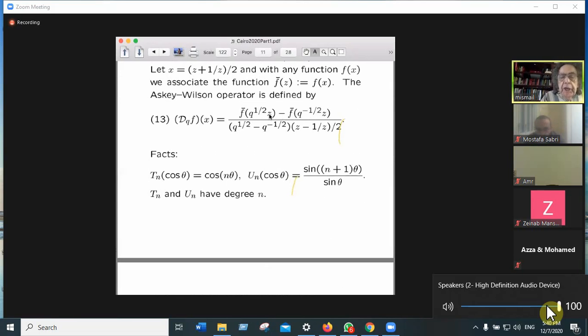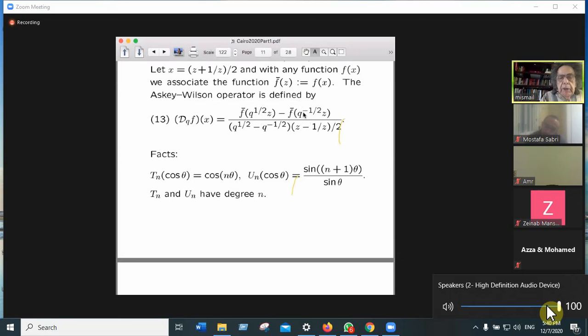So f check at q to the half z is the same as f check at q to the minus a half z. So that means that f check does not change if I replace z by qz. So that is not trivial. This is the null space, and that is not the constants.